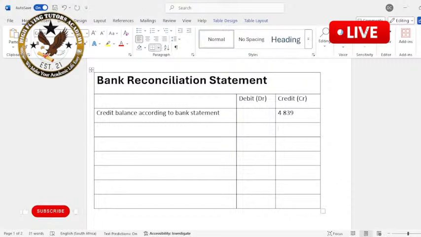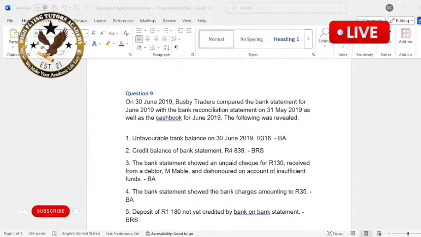Okay, so let's go to the next transaction right there again. So the next transaction says the bank statement showed an unpaid check for 130 received from a debtor and dishonored on account of insufficient funds.